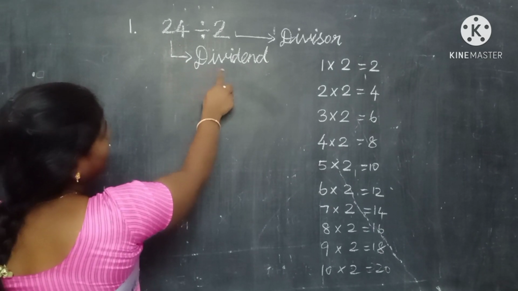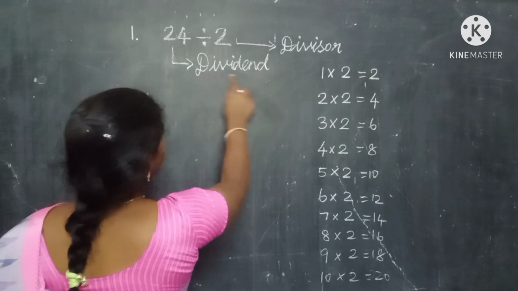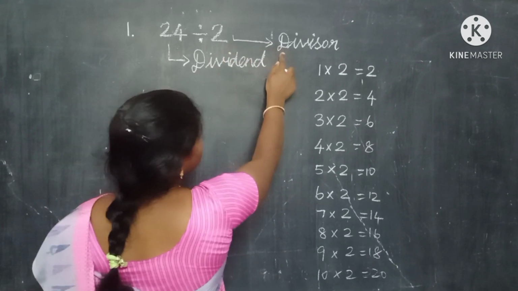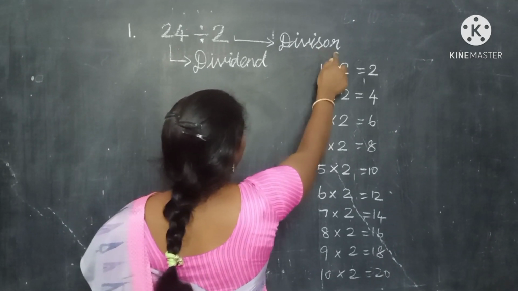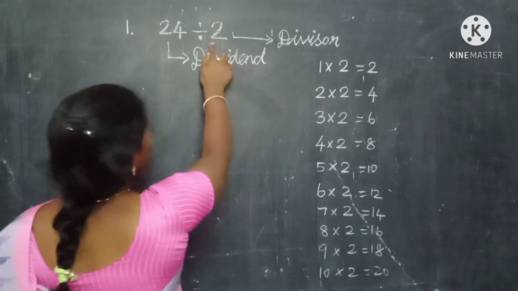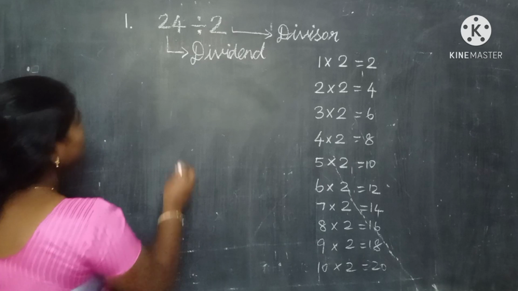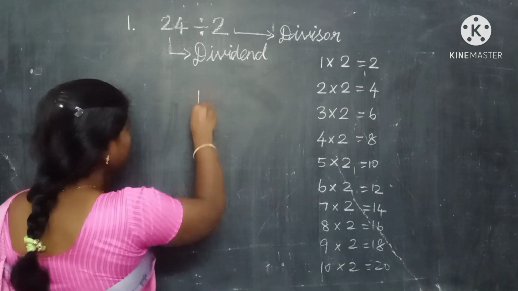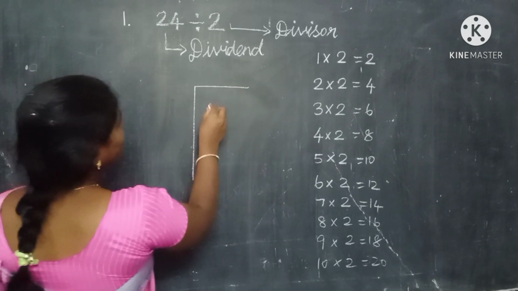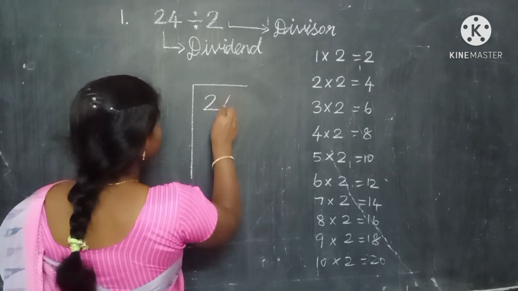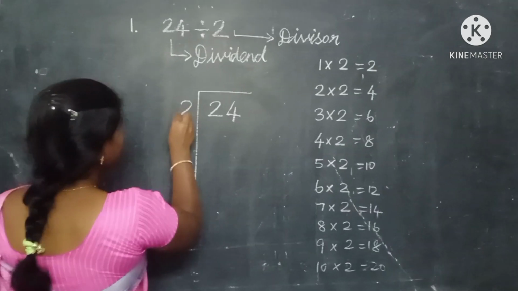Dividend, D-I-V-I-D-E-N-T. Divisor, D-I-V-I-S-O-R. Here 2 is the divisor. We must write the 2 table. See children, we write division like this. After 24 we write inside. The dividend is written inside, the divisor is written outside.